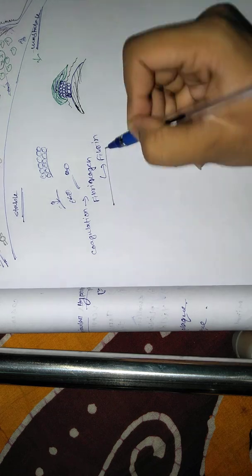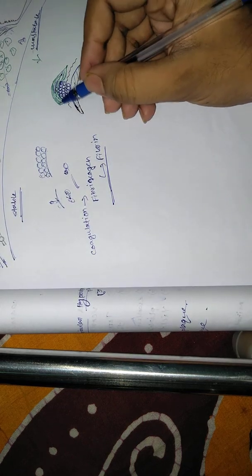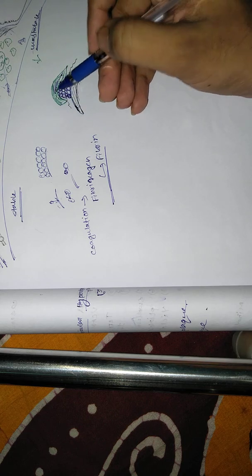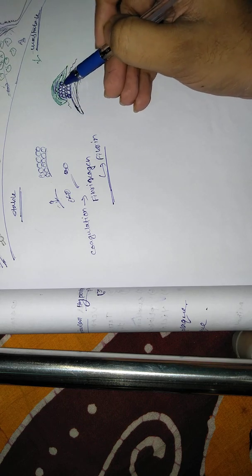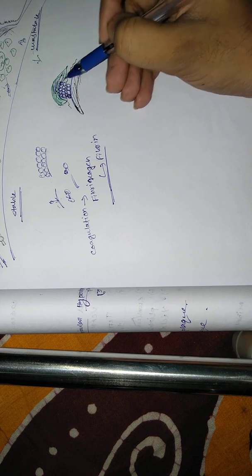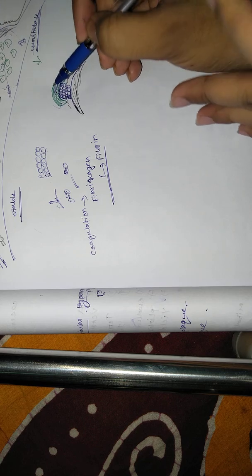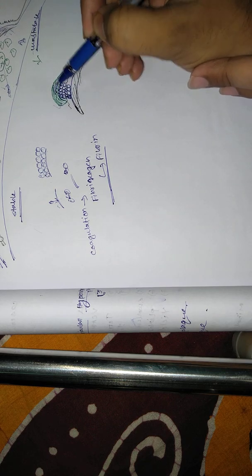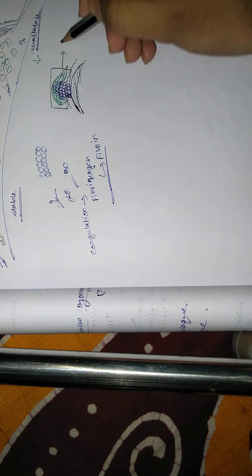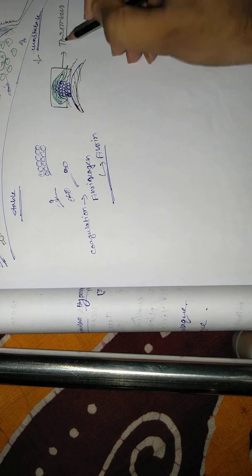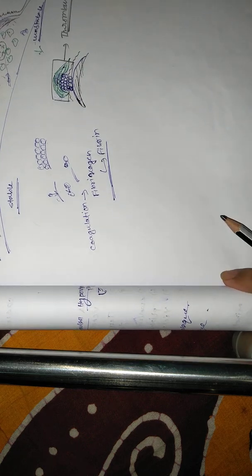And here also the same thing happens. Here the fibrinogen is converted to fibrin over this platelet aggregation, and this portion is known as coagulation, right? Coagulation and platelet aggregation together are known as thrombus.